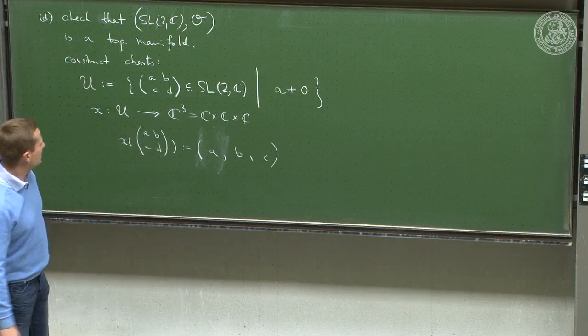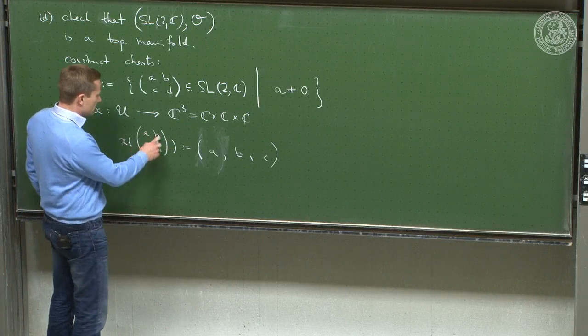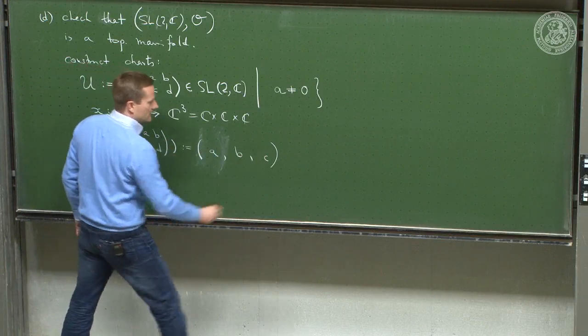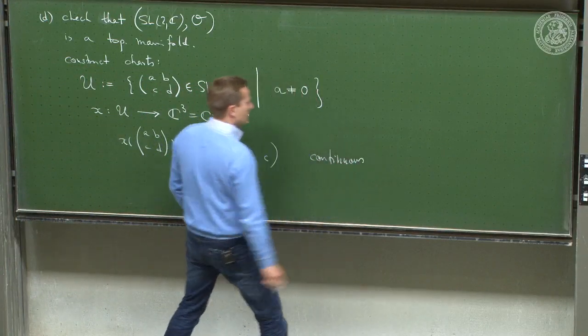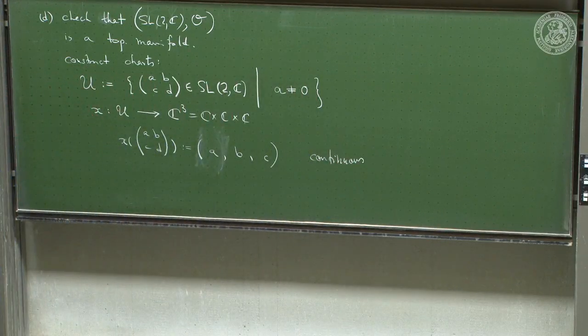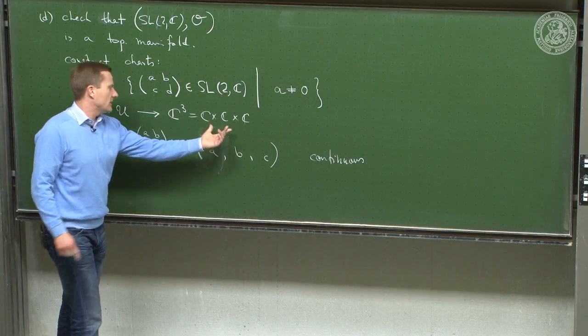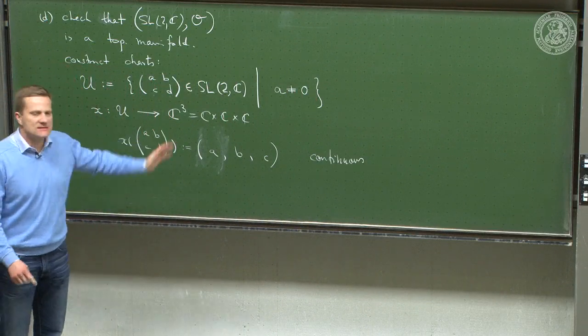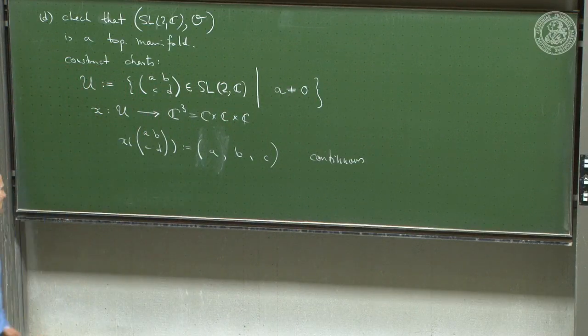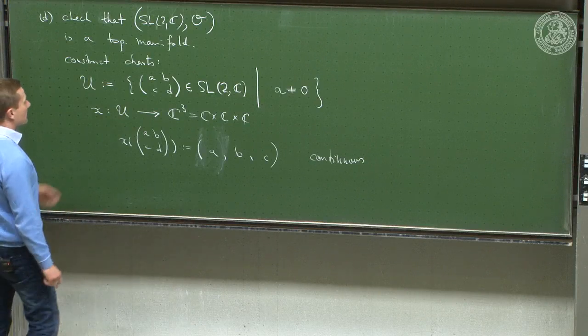Yes, in the topology we constructed, it's continuous to just look at these entries and write them down. What you need to check is whether pre-images of open sets under this map are open. This is the case. It's very trivial. So this is continuous. Now, that's not enough.